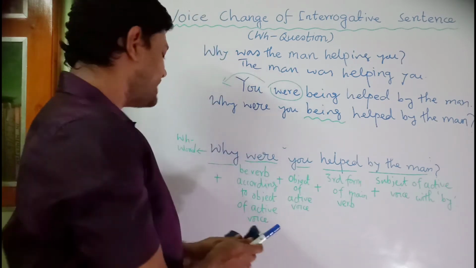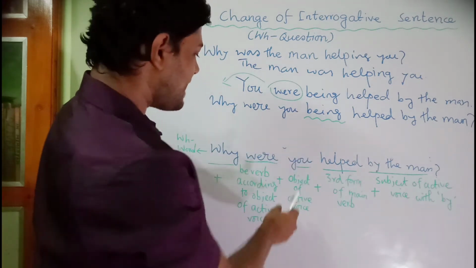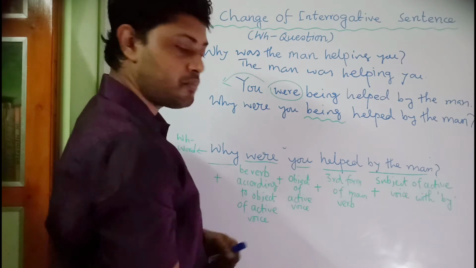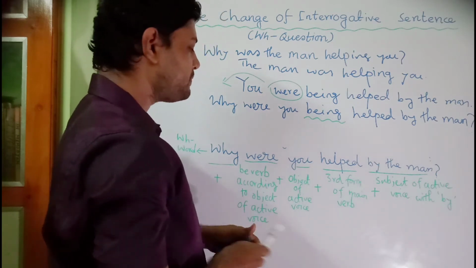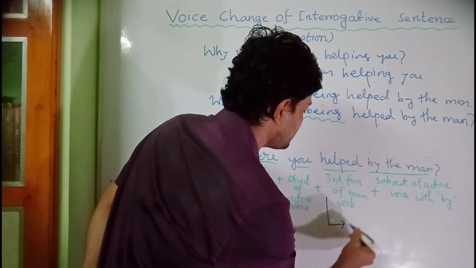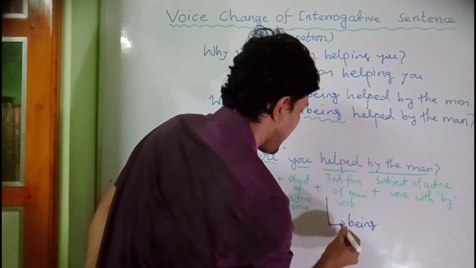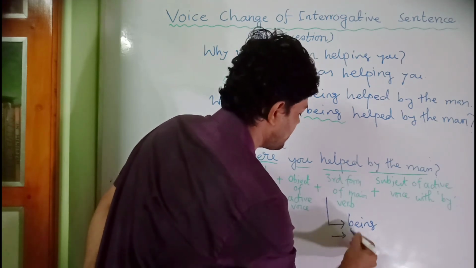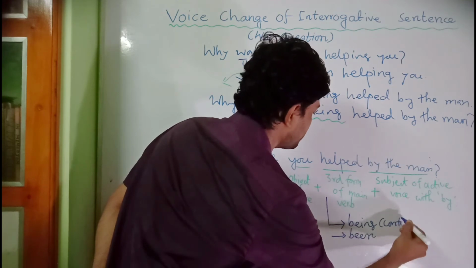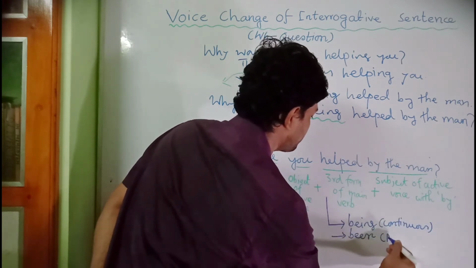Okay, so then the rule will become, why were you, that means after the object of active voice there will be any of these words. For continuous tense it is being, and for perfect tense it will be been. Okay, remember this.